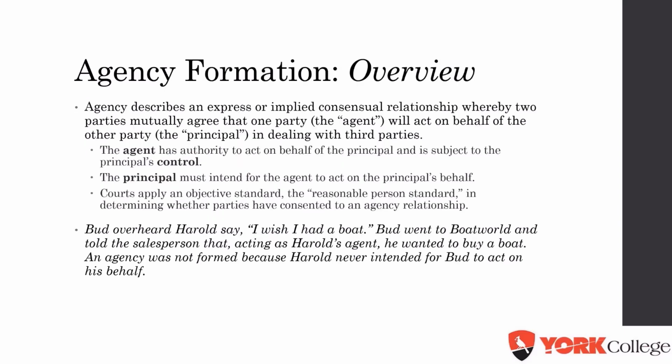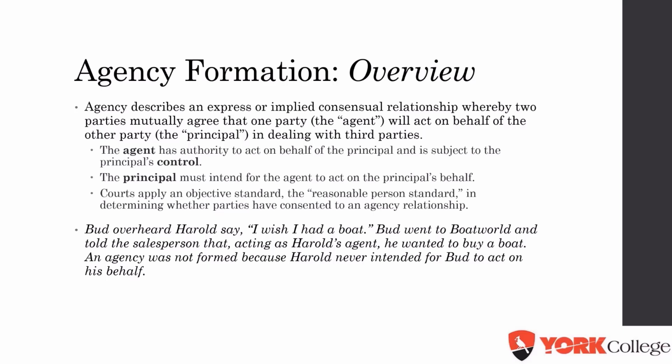So how do we form an agency relationship? Once again, agency describes an express or implied consensual relationship where two parties mutually agree that one party, the agent, will act on behalf of the other party, the principal, in dealing with third parties.